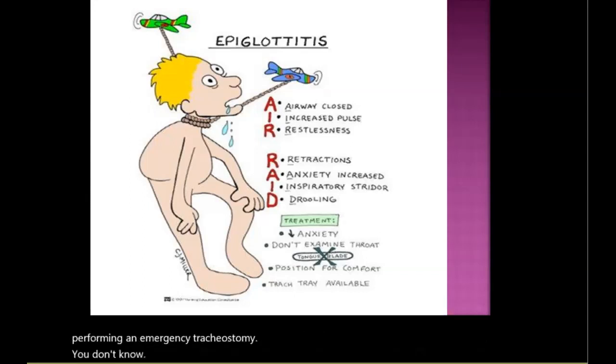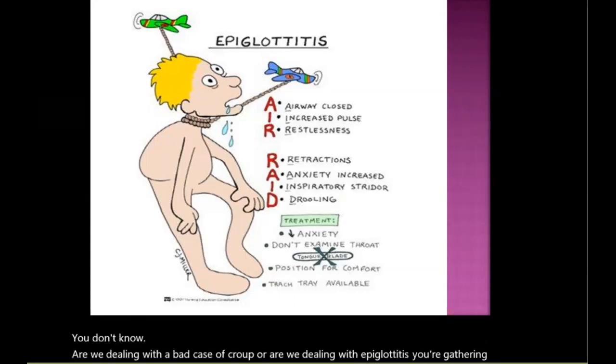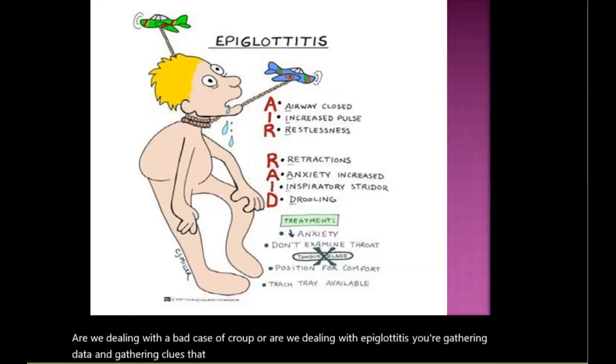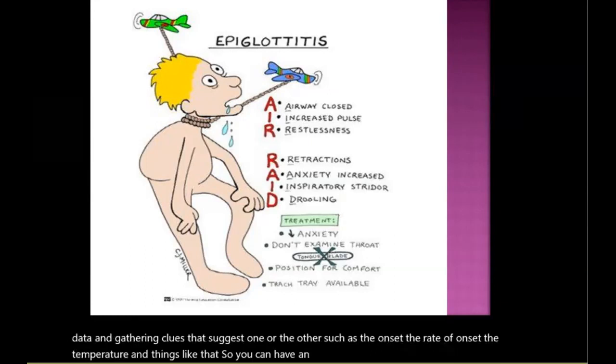Are we dealing with a bad case of croup, or are we dealing with epiglottitis? You're gathering data and gathering clues that suggest one or the other, such as the onset, the rate of onset, the temperature, and things like that. So you can have an opinion, but we don't know for sure.